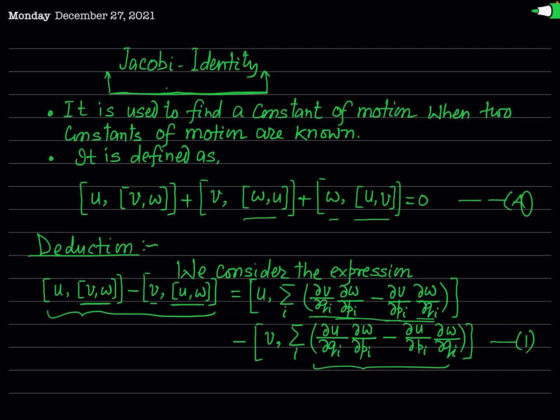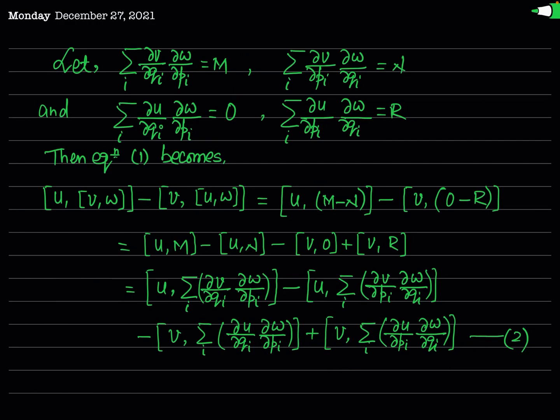Now for simplicity, let us consider summation over i of del V by del Qi times del W by del Pi equal to M. Similarly, summation over i of del V by del Pi times del W by del Qi equal to N. We also consider summation over i of del U by del Qi times del W by del Pi equal to O. See here, this is O, not 0.